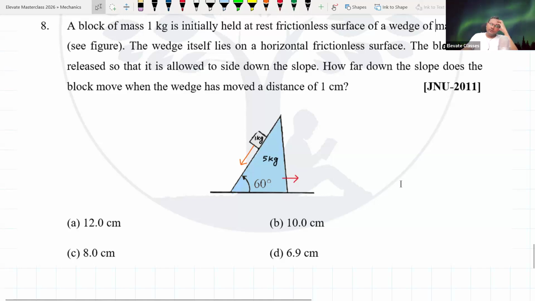This is a little tricky question, so be a little careful, okay? Because it's an inclined motion for one object, it's an inclined motion for the other object, it's a horizontal motion.